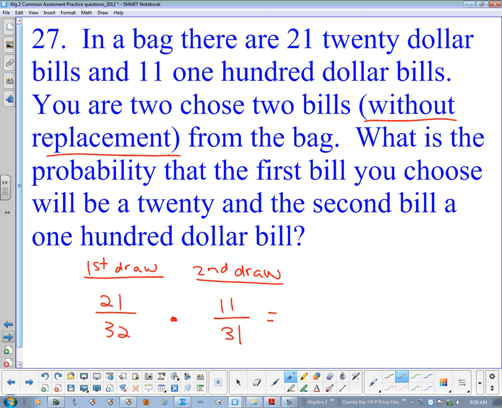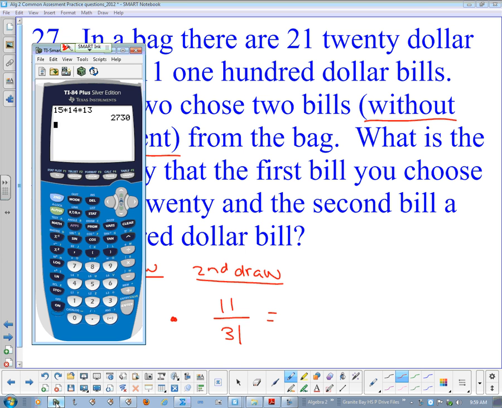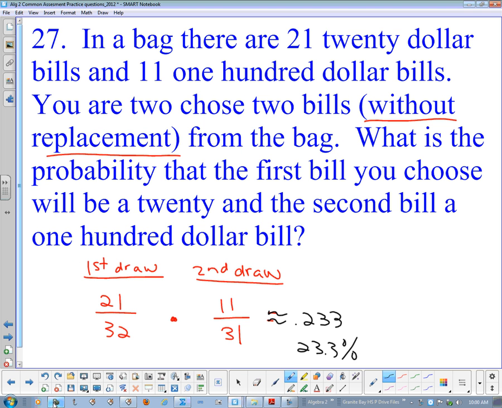Multiplying these together, it's going to be 21 divided by 32, all multiplied by 11 over 31. We're going to get 0.233, and that is 23.3%. There's your probability. Questions at all? Okay, moving ahead.